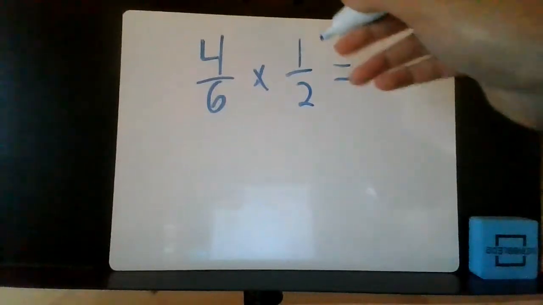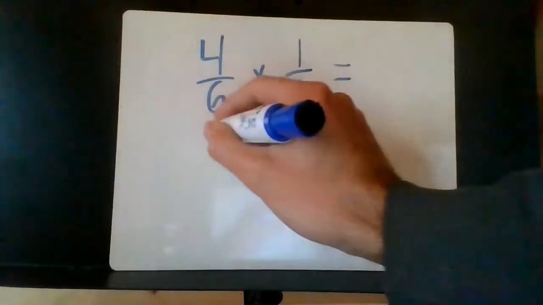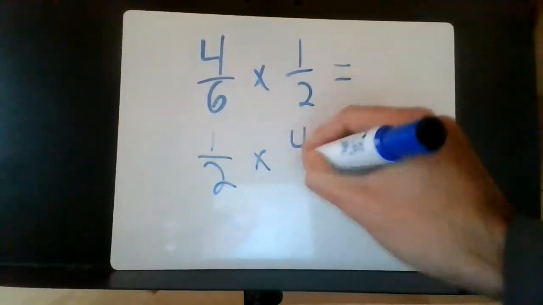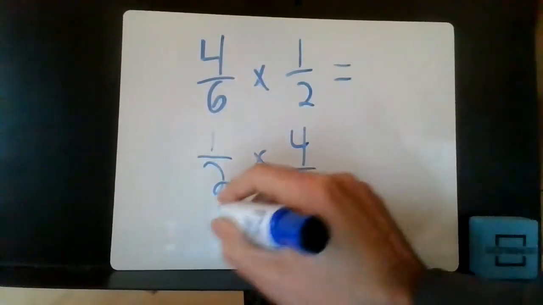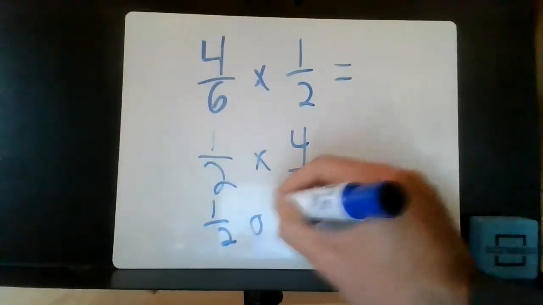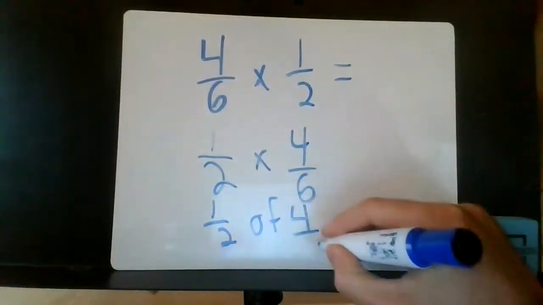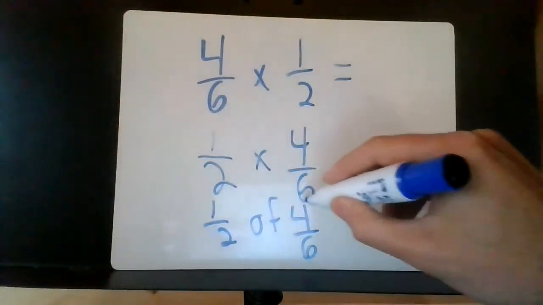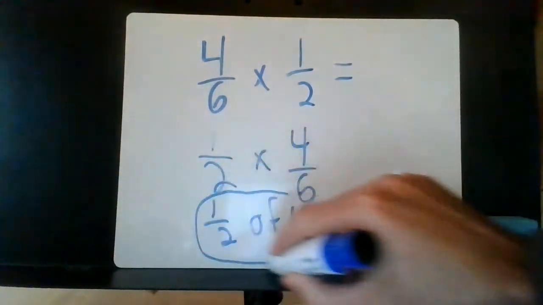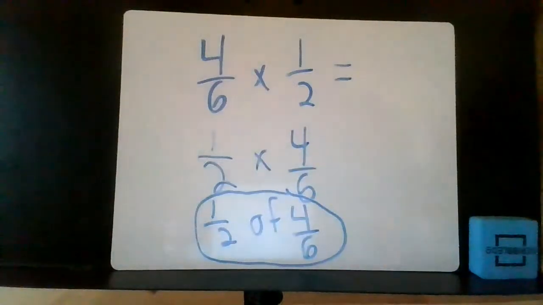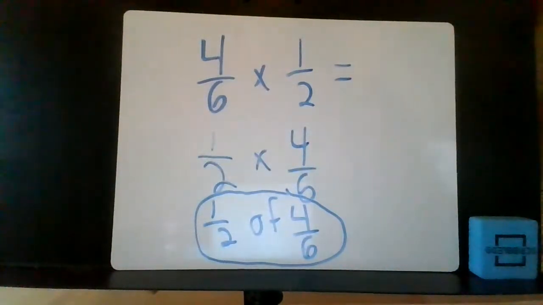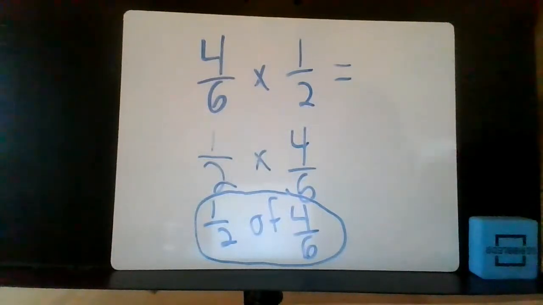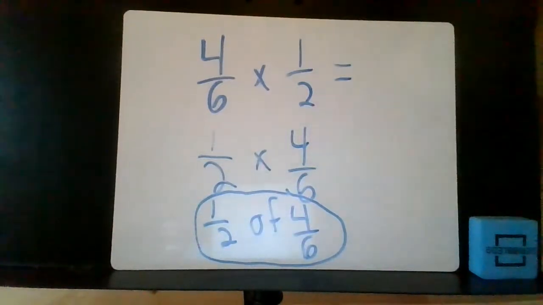But remember, you can always switch the factors around to 1/2 times 4/6, or 1/2 of 4/6. All right, and this part right here, this is the key. This may be easier to visualize than 4/6 of 1/2. It may be easier to think of it as 1/2 of 4/6.